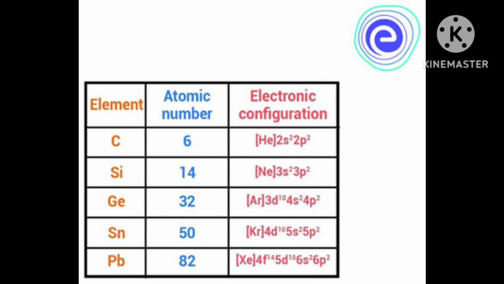But the ionic radius in the case of M2+: for carbon and silicon it is not available, but germanium is 73, tin is 118, and lead is 119.